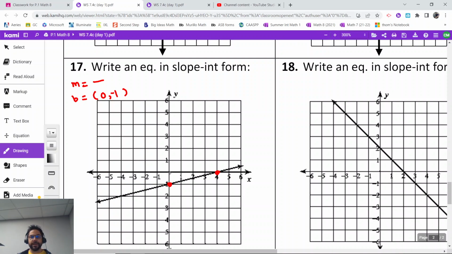So using little right triangles is going to be super important in chapter 7. My rise is 1 and my run is 4. 1 over 4. So my equation in slope-intercept form, remember that's y equals mx plus b. I'm going to say y is equal to 1 over 4x, and then it's going to be a subtract 1.